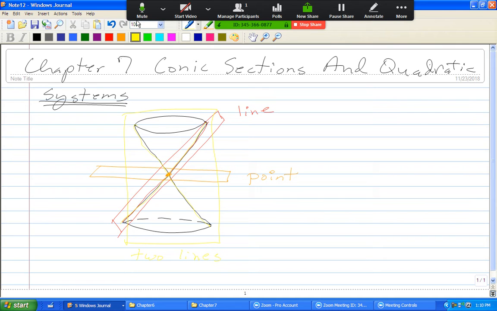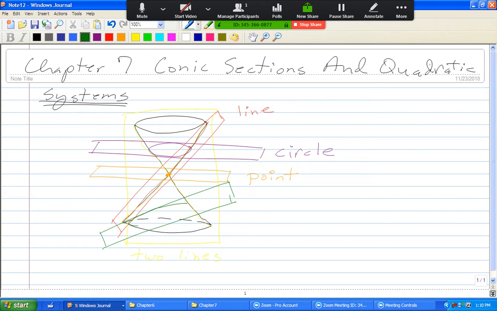Yellow's a little hard to see, but it's okay. Purple. Let's go at an angle here, straight across. If I do that, then this point of intersection will look like a circle. If I go at a slight angle here, not quite straight across, then this will look like an ellipse.